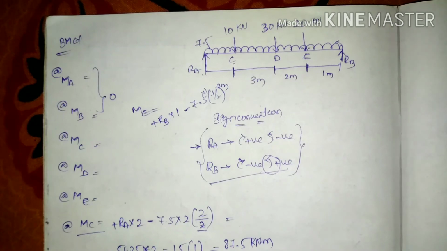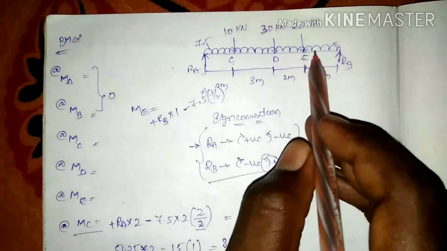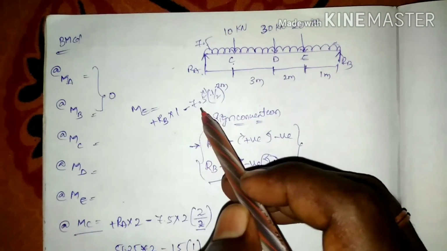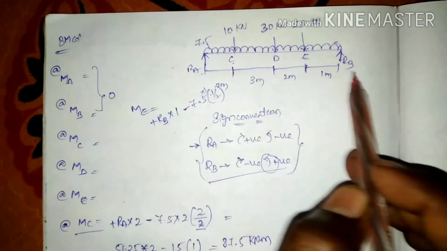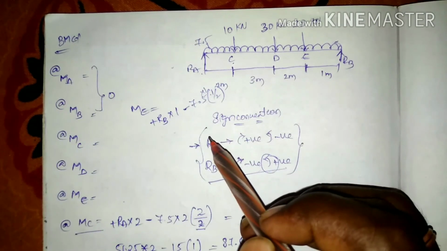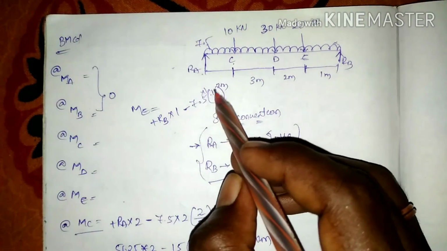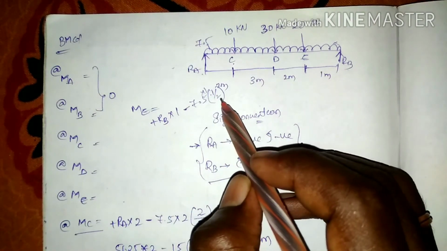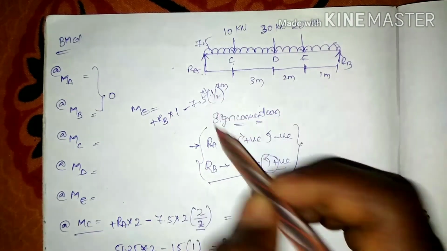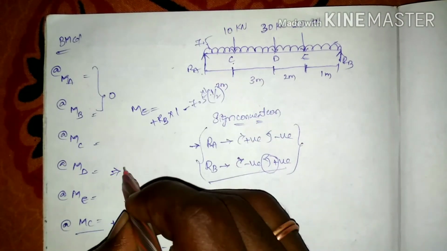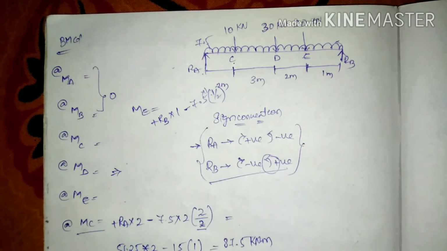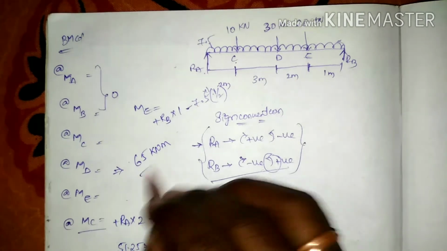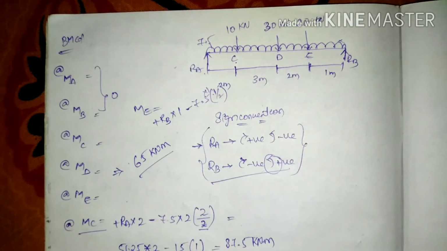After the RB, we have the UDL, the magnitude 7.5 multiplied with 1, which is converted to a point load, then taking the moments from the midspan of the 1 meter, that is 1 by 2. The value is going to be 65 kilonewton meter.